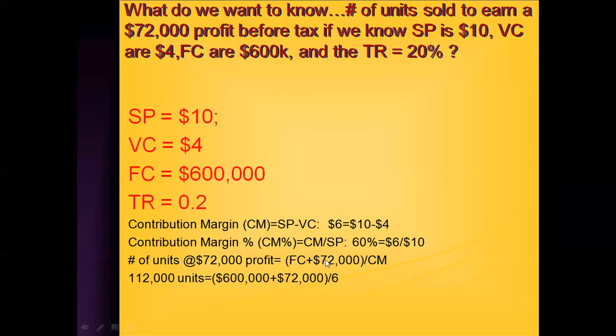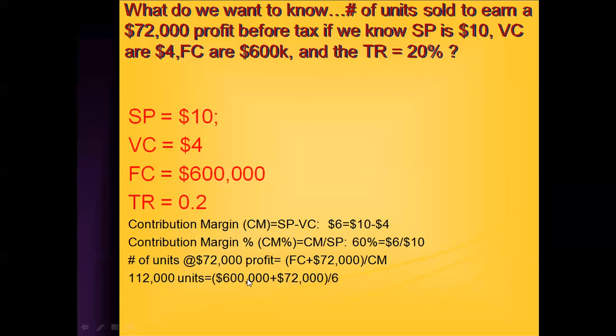In essence, the relationship here is the $72,000 profit really serves as a surrogate fixed cost because that is your goal. So if you add the $72,000 to your fixed costs of $600,000 divided by the contribution margin, you will get your units, and that's exactly what occurs.